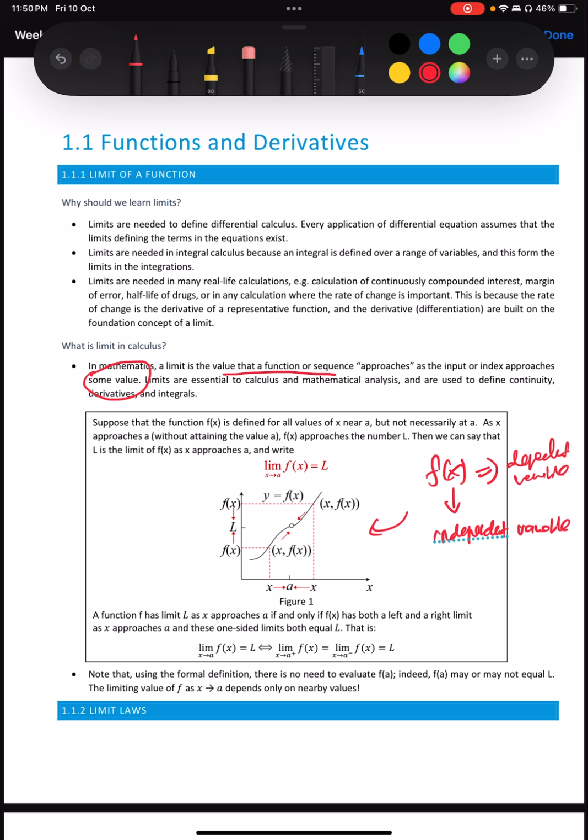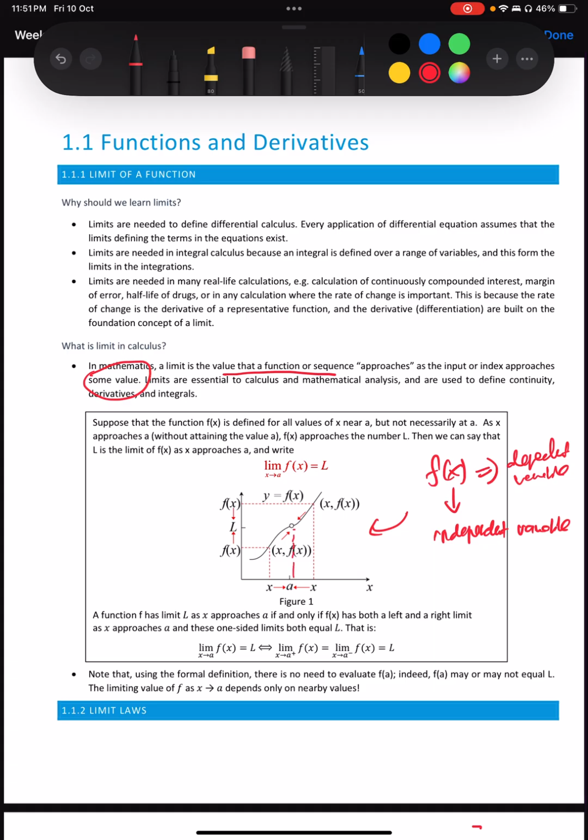Let's say in the x-axis we have the coordinate a here, and we have a graph that is continuous to some extent, but not continuous at one point, which is the point a here.